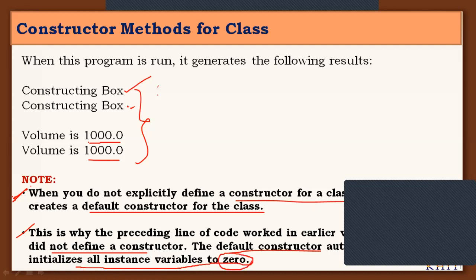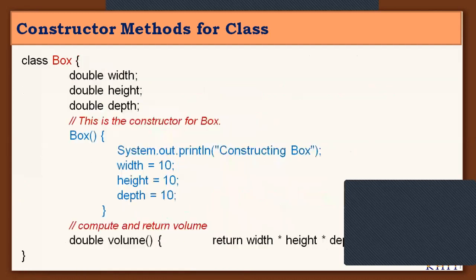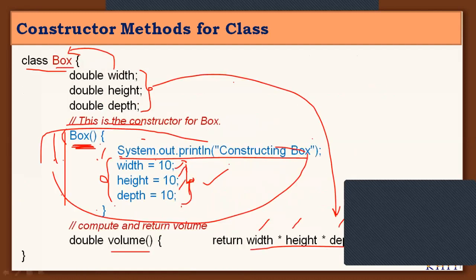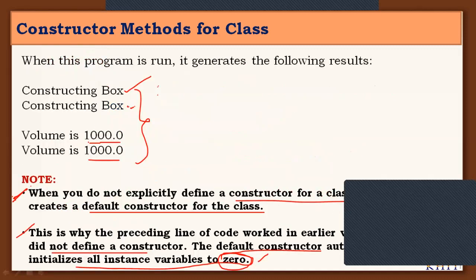This is important: all instance variables to 0. In the previous example, it initializes the instance variables of the class to 10, 10, 10. Otherwise, if you didn't create this constructor, the compiler creates a default constructor, and that default constructor initializes these variables with 0. Understood?